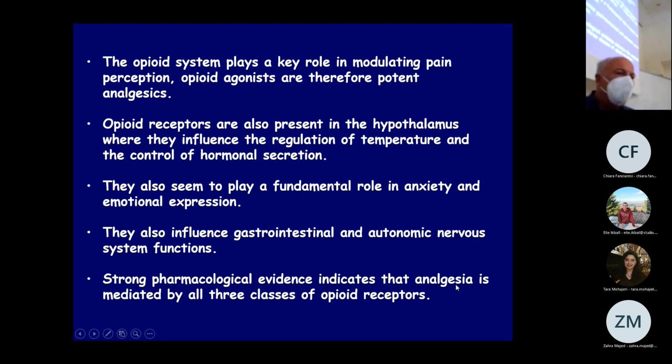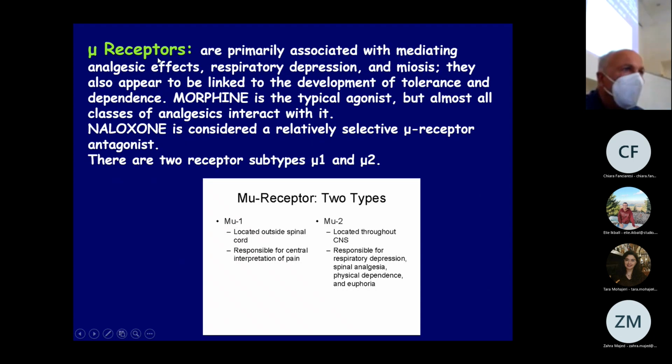The analgesic activity is related to the interaction with these three classes of opioid receptors: mu, kappa, and delta. Mu receptors. Other two subtypes, mu1 and mu2, are located in the spinal cord, central interpretation of pain, CNS. Mu2 are responsible for the respiratory depression, spinal analgesia, physical dependence, and euphoria.